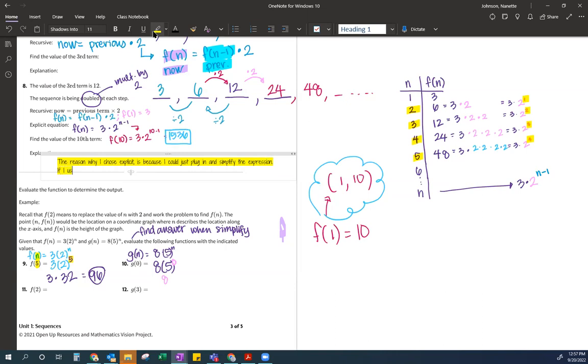If I used the recursive, then I would have had to find all of the previous terms: 9th, 8th, 7th, and so on. Okay, there you go.